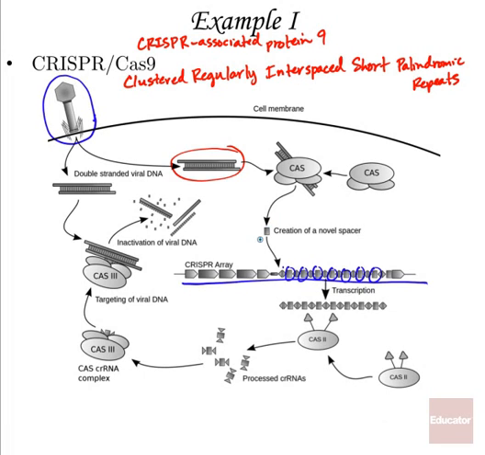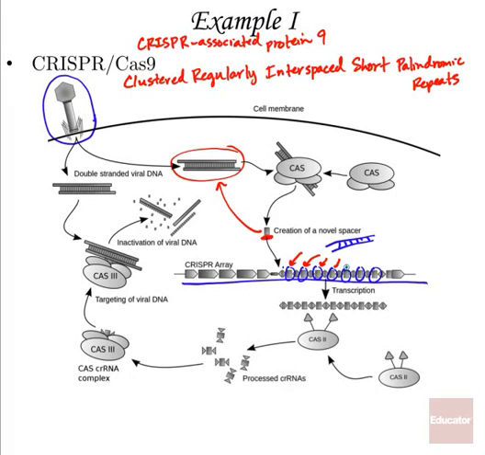So the invading DNA or RNA is cut into small fragments. Step 2, a copy of that invading DNA or RNA is integrated into the CRISPR locus as a spacer. So this one corresponded to a different piece of viral DNA, and this one to a different one, and to a different one, and to a different one.